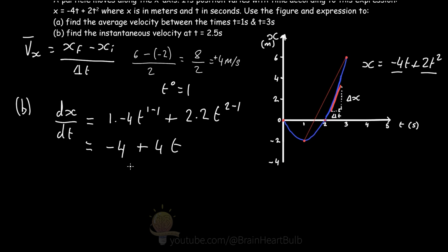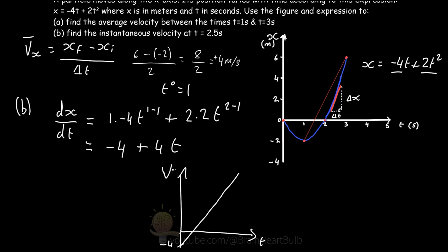And if we were to draw a graph with this expression, we would have a velocity time graph that looks something like this. So negative 4, which means it crosses the vertical axis at negative 4, and the gradient will be 4, so it will go up like that.